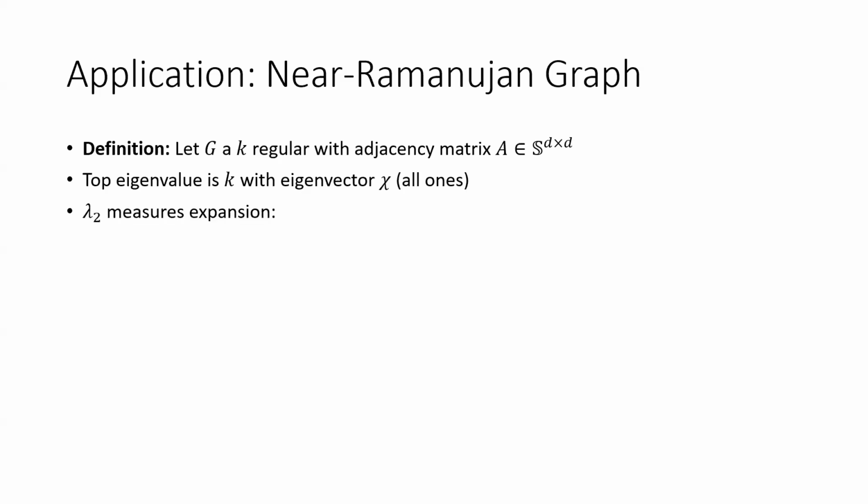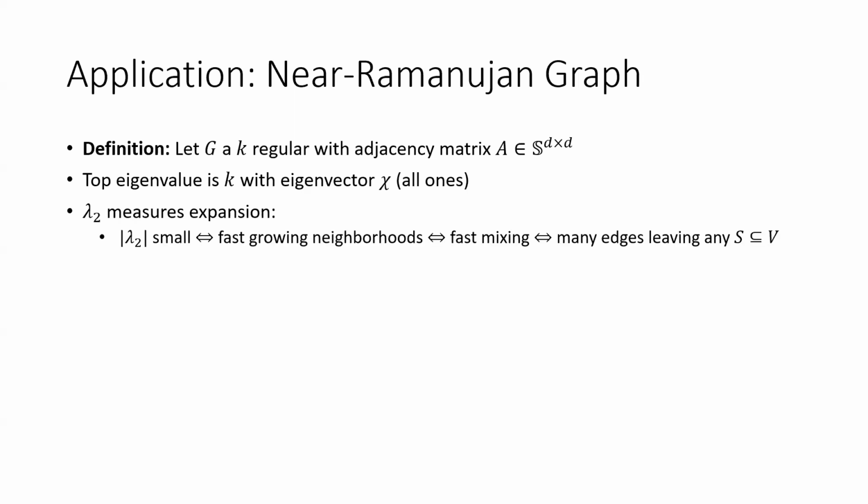And the second eigenvalue of this graph essentially measures the expansion of this graph, which means that the second eigenvalue is small if and only if the neighborhoods in this graph are fast growing, and if and only if the random walk on this graph is fast mixing, and so on. So it has a lot of nice combinatorial properties. And this kind of object is very useful for the study of pseudo-randomness, coding theory, and lots of things. So it is a very important object in computer science.